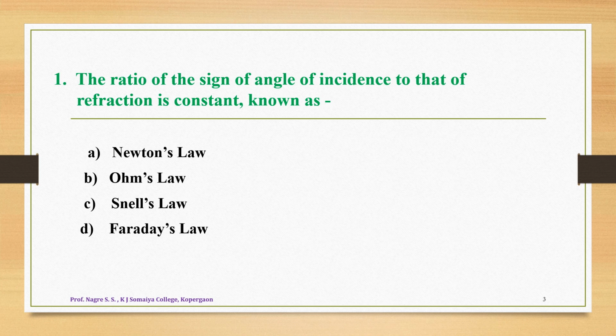The question number first is the ratio of the sine of angle of incidence to that of refraction is a constant known as, and the options are Newton's law, Ohm's law, Snell's law and Faraday's law. So among these four different options, we have to select the correct option, and the correct option is option number C, that is the Snell's law. So Snell's law is the correct answer.